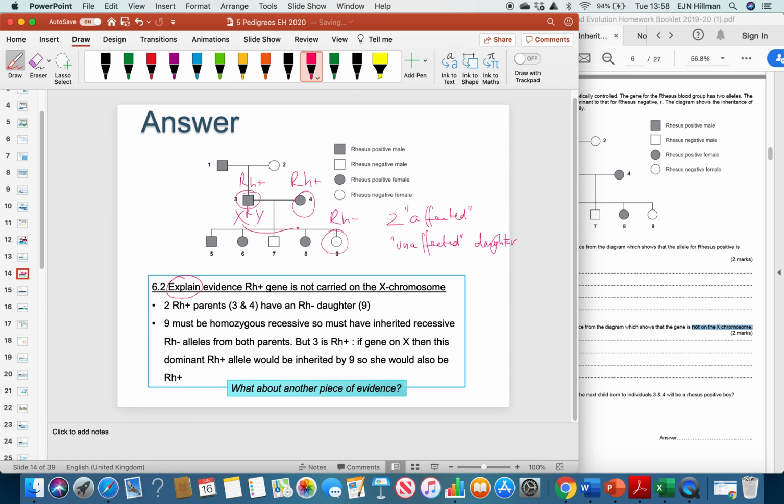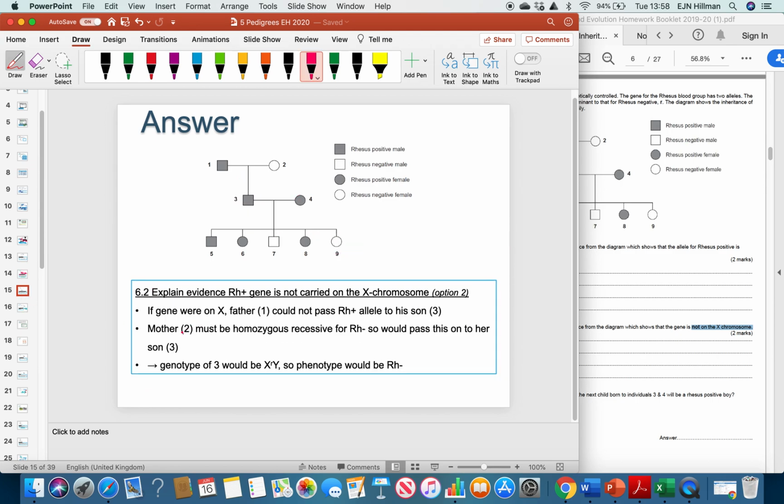He would have to pass that on to his daughter. So, if that were the case, all of his daughters would be rhesus positive. So, if the gene is on the X, then his dominant allele would be inherited by 9, so she would also be rhesus positive.